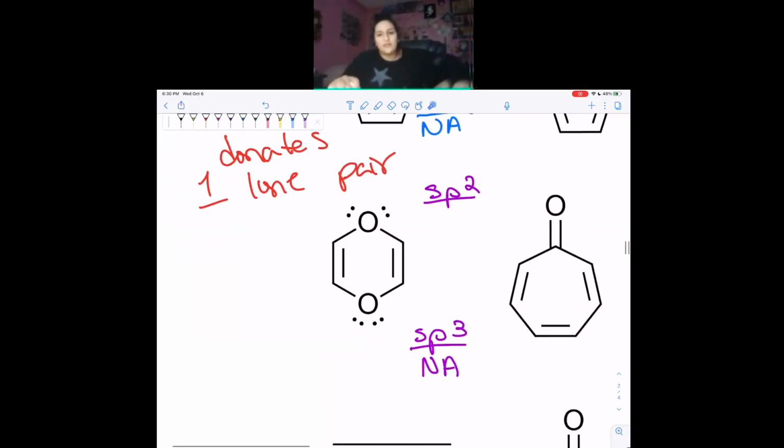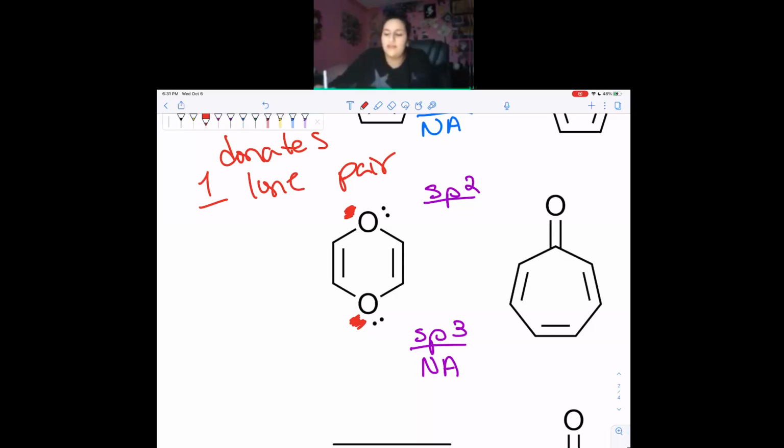So each oxygen can only donate a maximum of one lone pair, right? So we're going to get rid of this, get rid of this. And so at a maximum, this is going to donate 2 electrons. And remember, we said it's all or nothing, right? So if it's sp3, it donates 0.